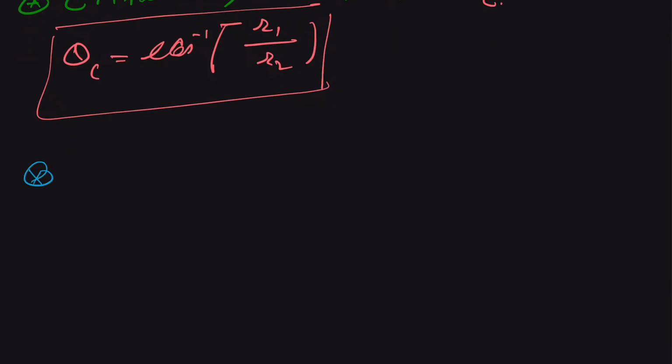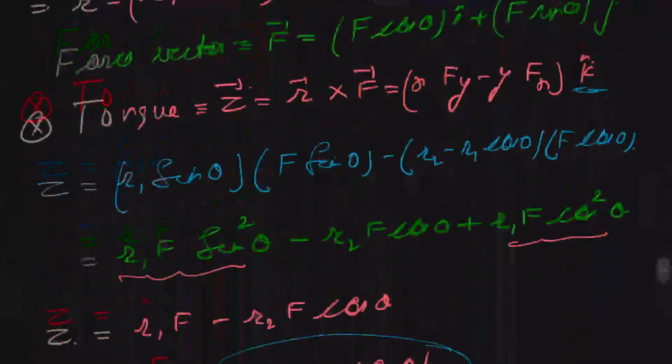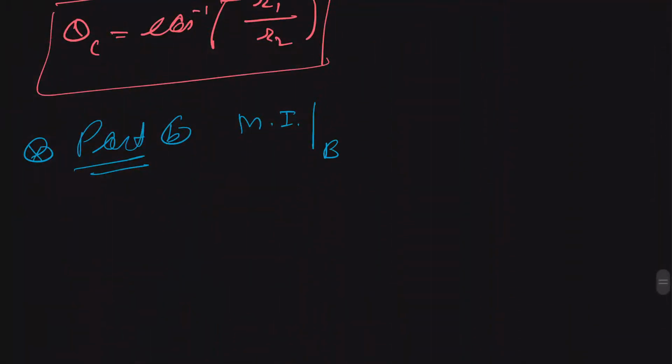So we have part B. We can say that the moment of inertia about the point of contact, which is taken as B, we can also call the moment of inertia about the pivot point, which will be equal to moment of inertia about the center of mass plus, with respect to the parallel axis theorem, the mass times the distance squared.